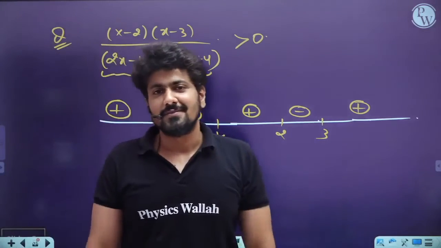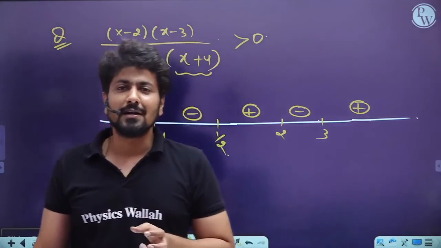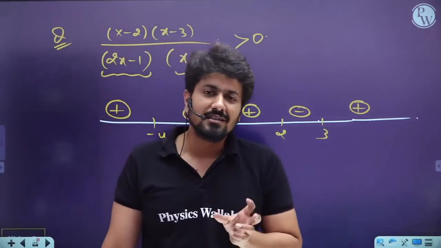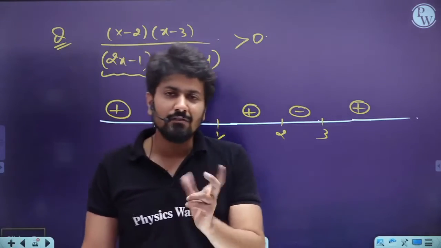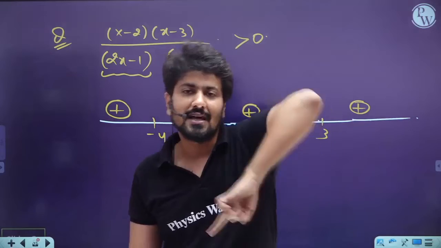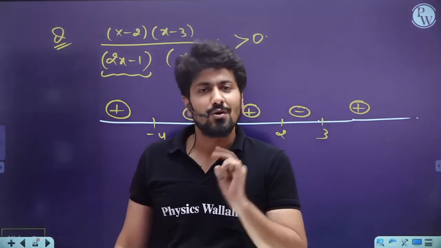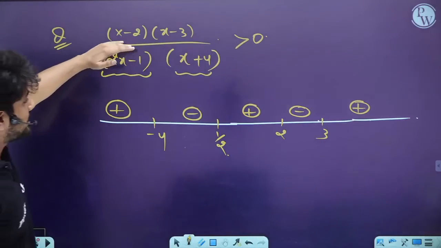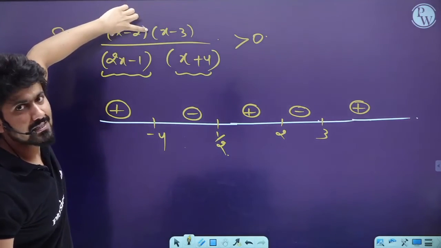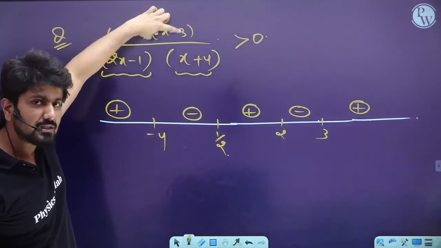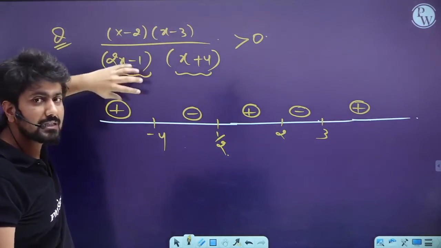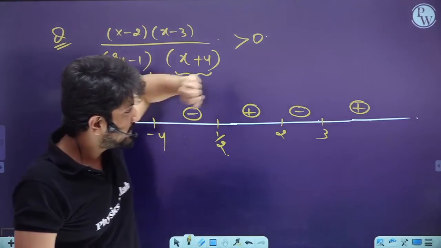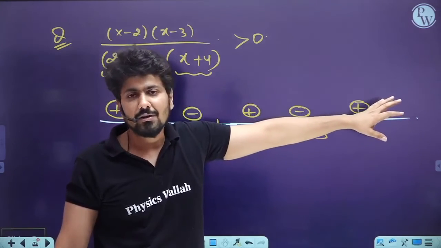Why? Because at each critical point, one of the factors changes its sign. If any one of the factors changes its sign, the sign of the entire expression also changes. Like at 2, about 2, this factor will change its sign. About 3, this factor will change its sign. About 1 by 2, this factor will change its sign. So in the extreme right, we know that the sign will be positive.